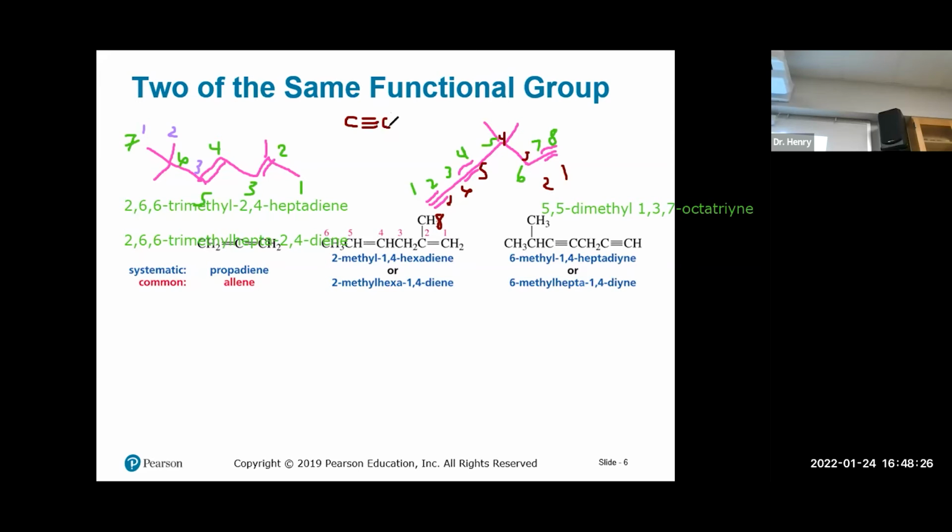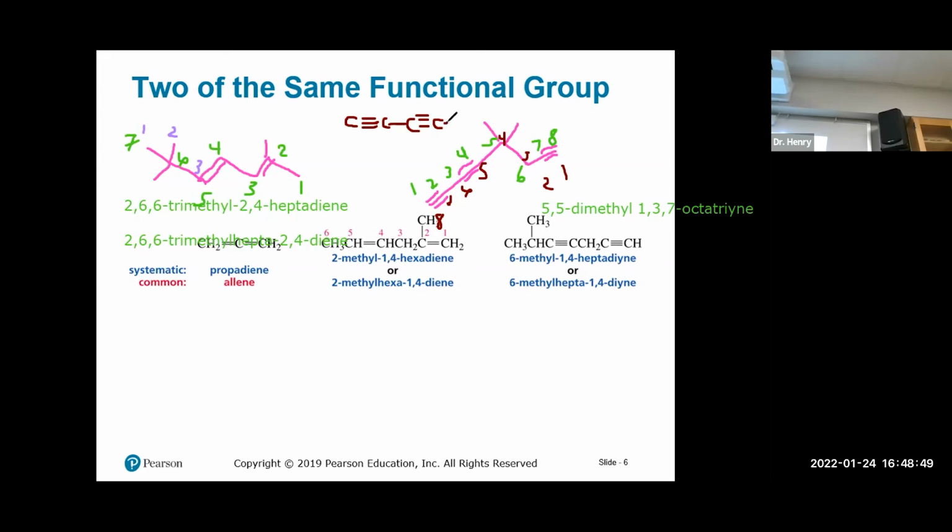C, single bond. Right? Then we have C, triple bond. So that's 1, 2, 1, 2, 3, 4, 1, 2, 3, 4.